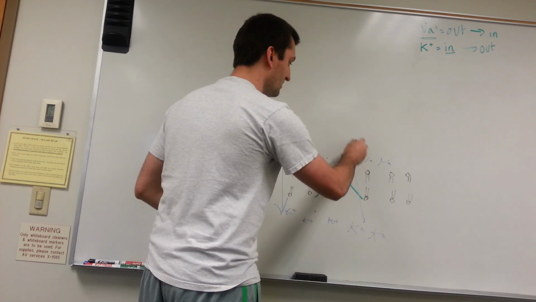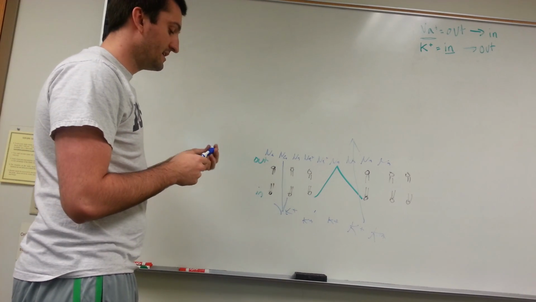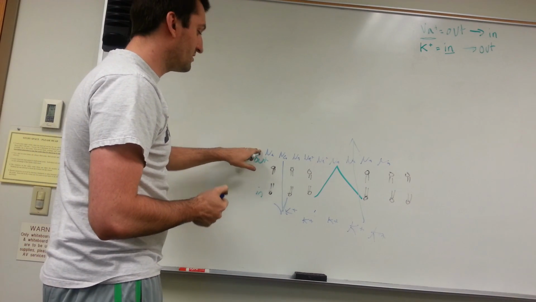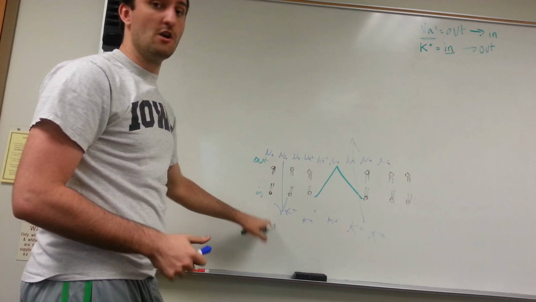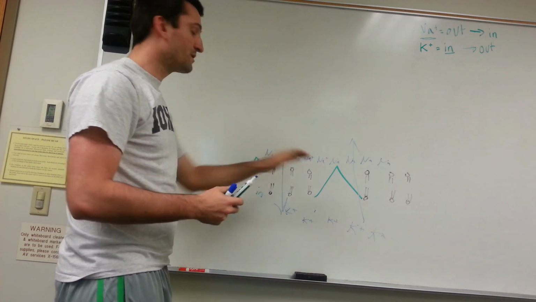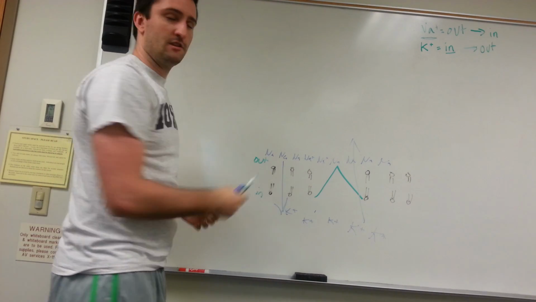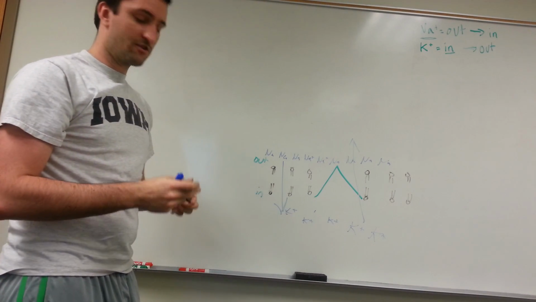All potassium will leave. So what the sodium-potassium pump does, we're creating a sodium and potassium gradient. We're going to exchange 3 sodiums for every 2 potassiums. We're going to use 1 ATP, which will cause that conformation change in the protein, thus creating a gradient.